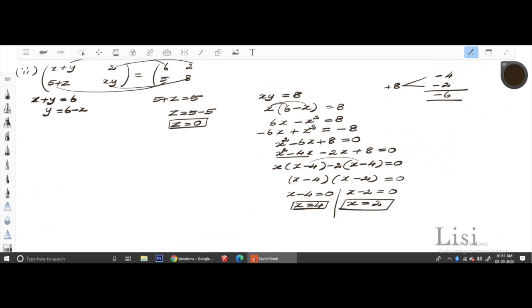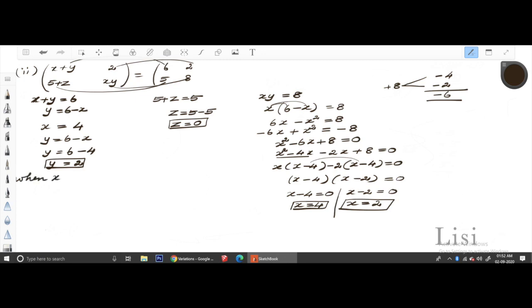And now come over here, give the value of x is equal to 4 first. So what happens to your y? Y will be 6 minus x, that is y is equal to 6 minus 4, and 6 minus 4 is 2. So your y will be equal to 2.